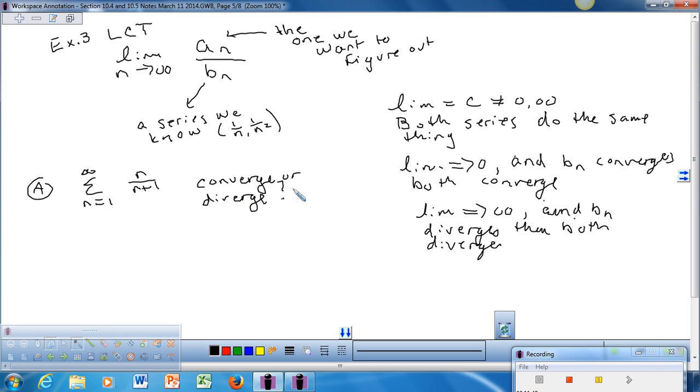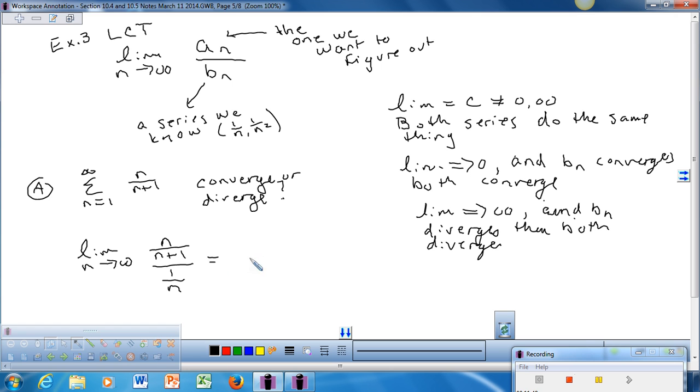That's what we're figuring out. So we set up our limit. Limit as n goes to infinity. The one on top is the one we're trying to figure out, n over n plus 1. The one in the bottom is one that we know about already. And I usually just start with 1 over n. And I evaluate the limit.